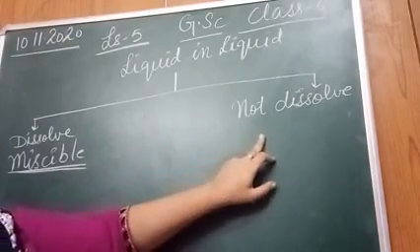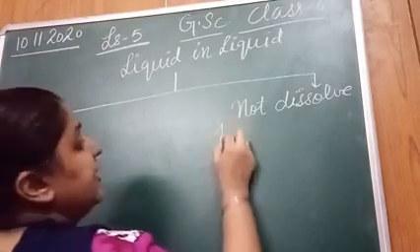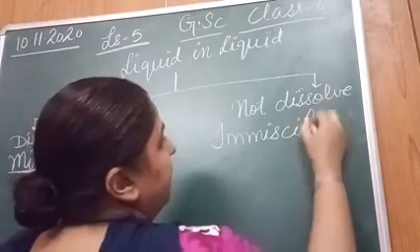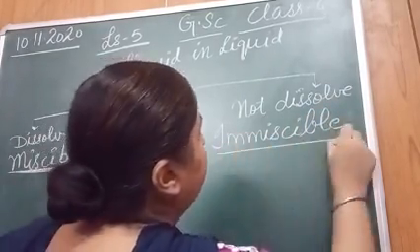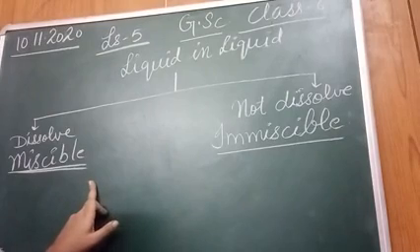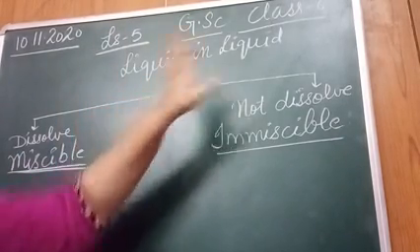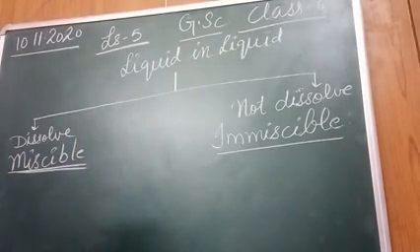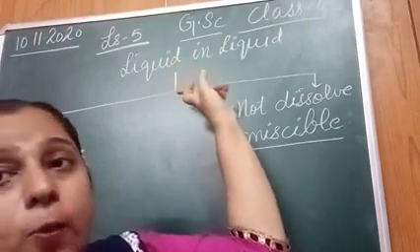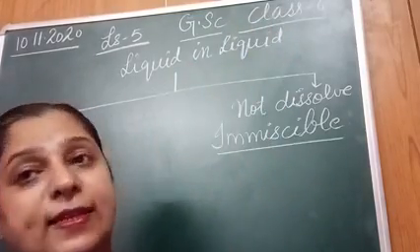Now, if it does not dissolve, then we say it is immiscible. Please remember these terms. They may be new for you. What is miscible? When liquids get dissolved in another liquid. And when it is immiscible, one liquid does not dissolve in the other liquid.